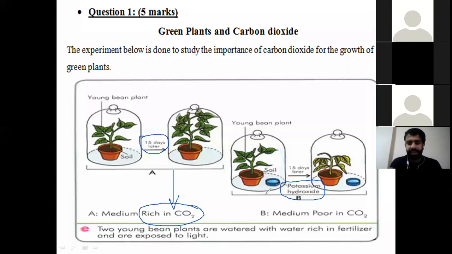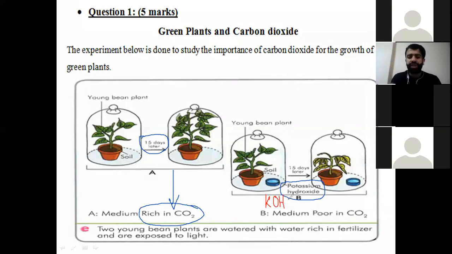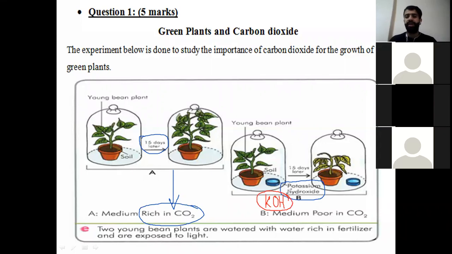KOH. Very good. K capital, O capital, and H capital. This is potassium hydroxide. Thank you, Huda. This is the symbol of potassium hydroxide, KOH.